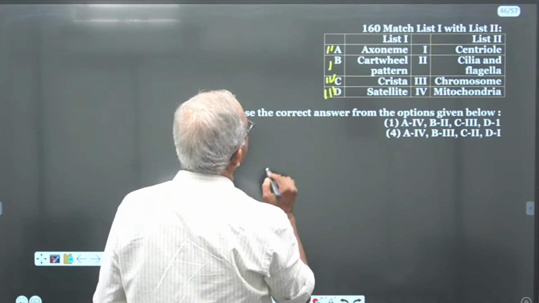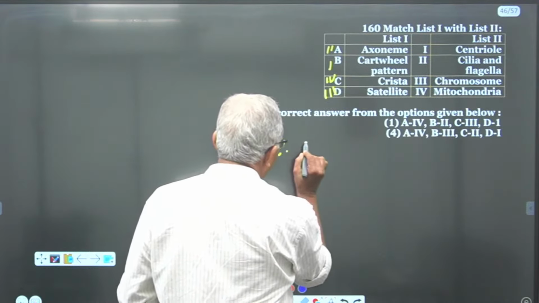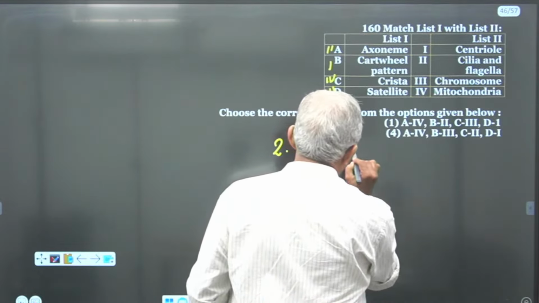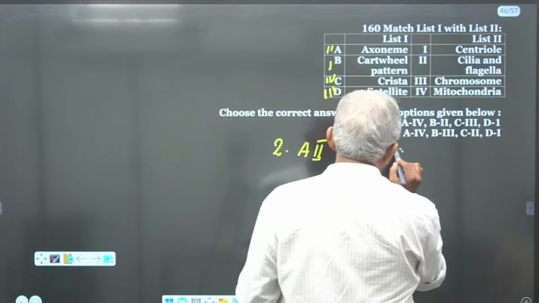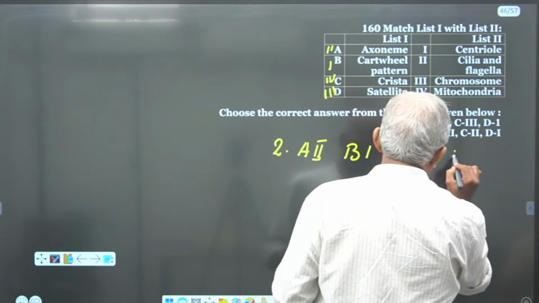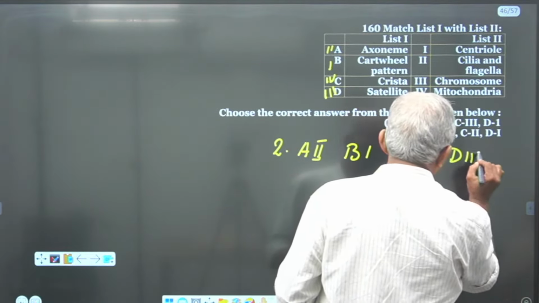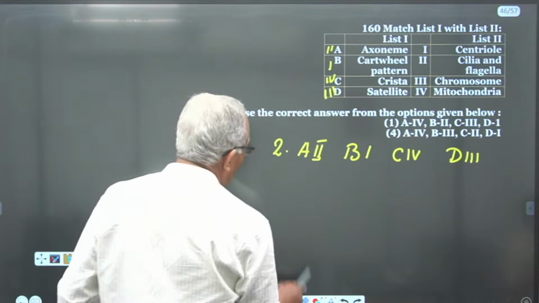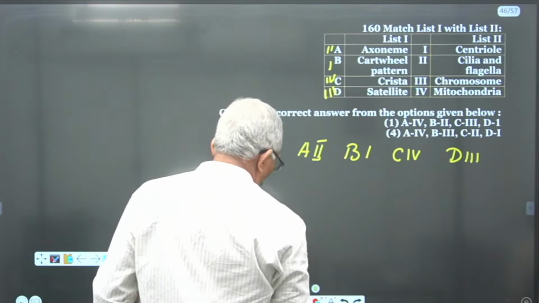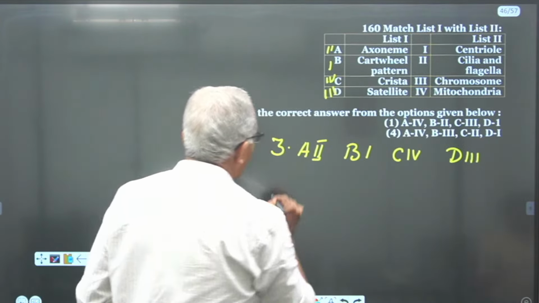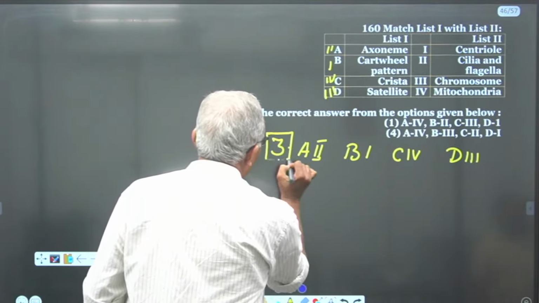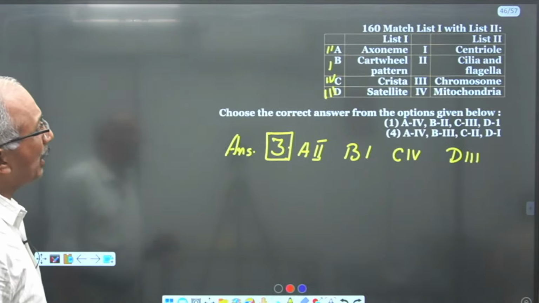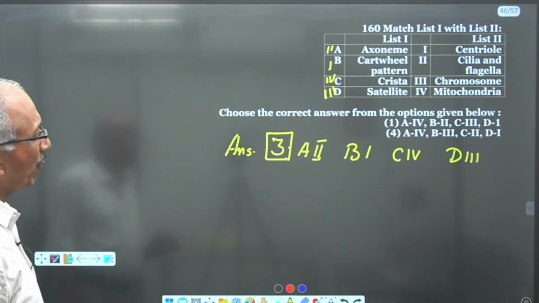Here the answer is option 2. A2, B1, C4, and D3. It is option 3 as given. Answer is option 3. A2, B1, D3.